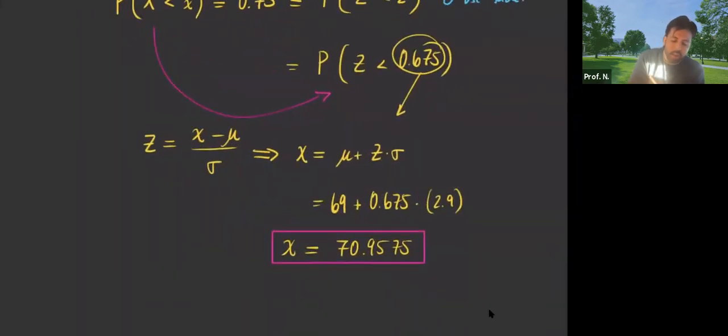Literally treat this as an algebra problem, as a literal equation, and you're solving for x in terms of all the other constants and variables. So you would multiply both sides by sigma, right? And then you would add mu. So then x is equal to mu plus z times sigma. And I know what sigma is. I know what mu is.